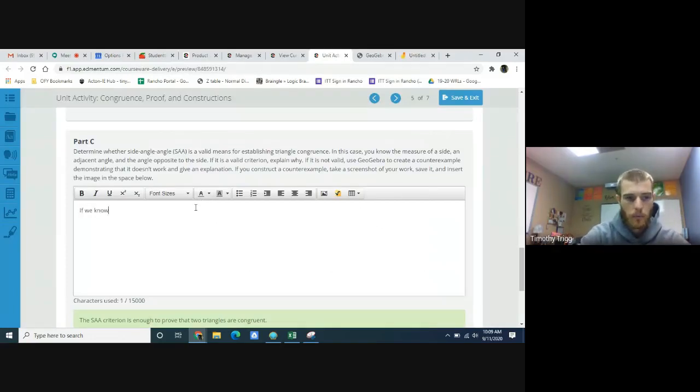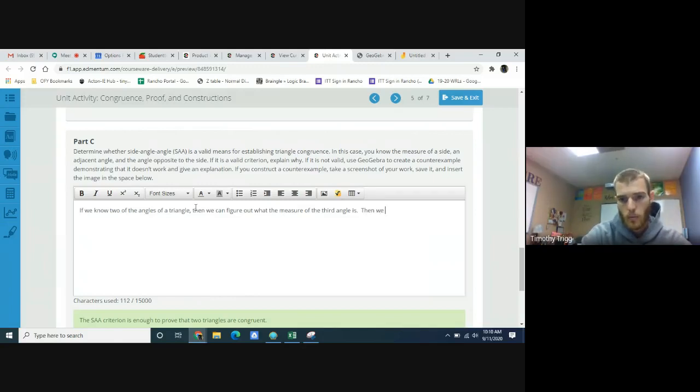If we know two of the angles of a triangle, then we can figure out what the measure of the third angle is.